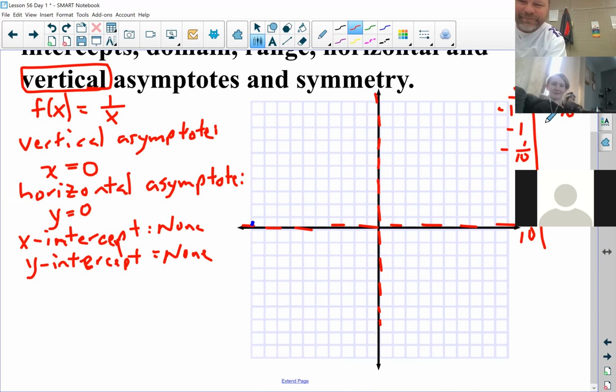There you go. And what about 1 divided by -1/10? -10. Yeah. So one reason that we call this the reciprocal function is because our y values are just the reciprocal of our x values.